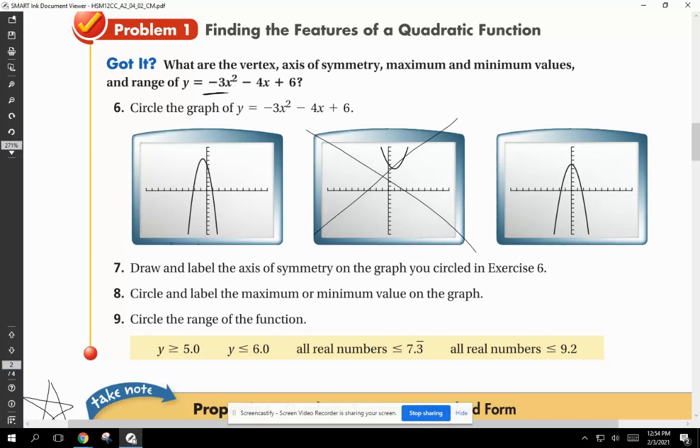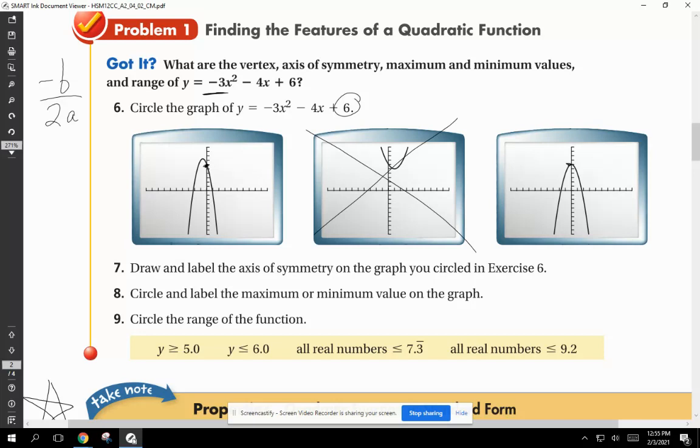We know this is going to be the intercept right there, 6 and 6. So that's okay. Now we should probably do what we learned before, which was negative b over 2a, to solve for the vertex, right? So let's solve that. Let's put negative b, which is negative 4.